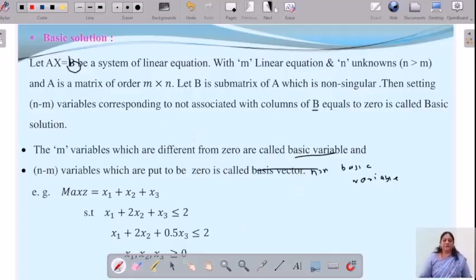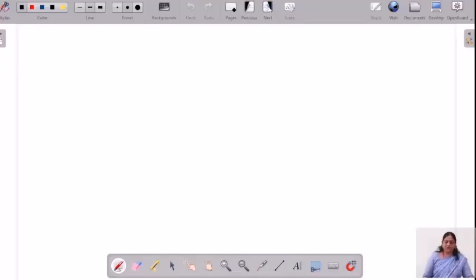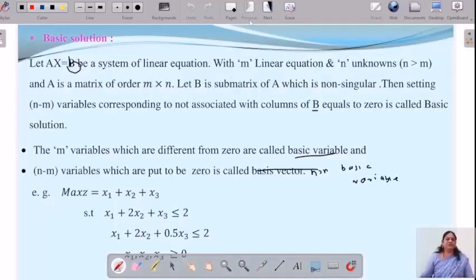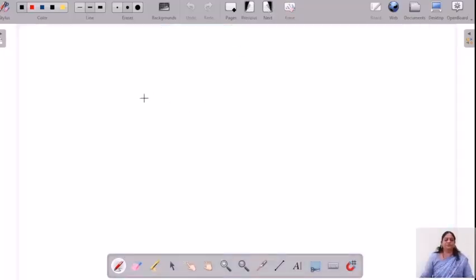As you know, if you have equations something like x1 plus x2 equal to 2 and x1 plus 2x2 equal to 4, then if there is equality, you can call this an algebraic equation.